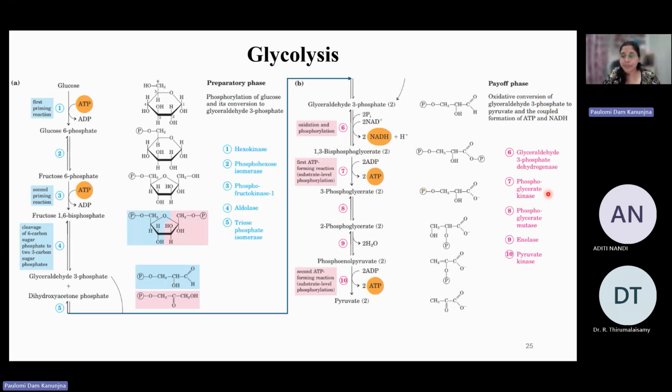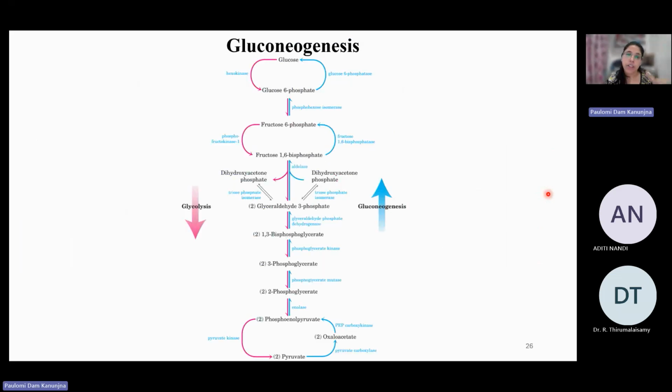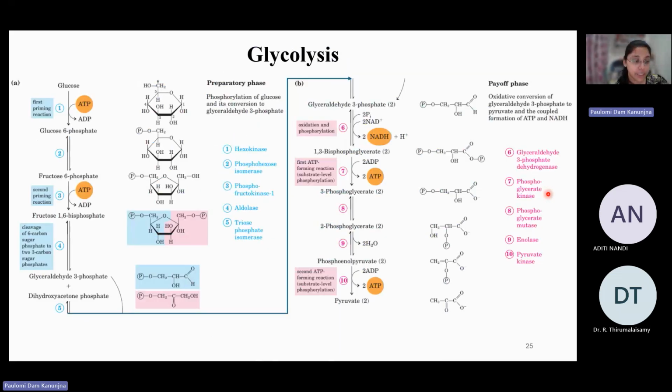Okay. Now, since we are closing this topic, what you need to remember in glycolysis is, like I have been mentioning, which of these steps are irreversible, which are the priming reactions, which are the substrate level phosphorylation, and what is the enzyme that is used in all of these steps.